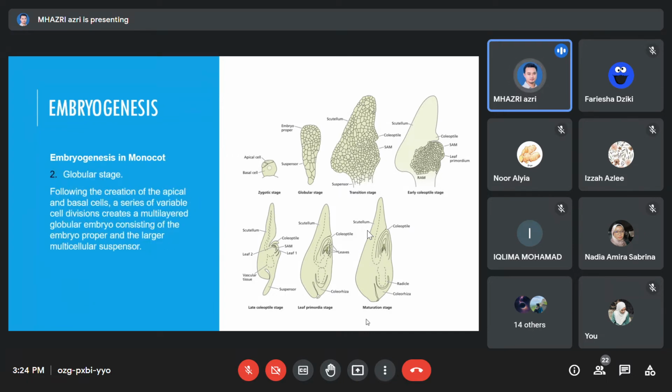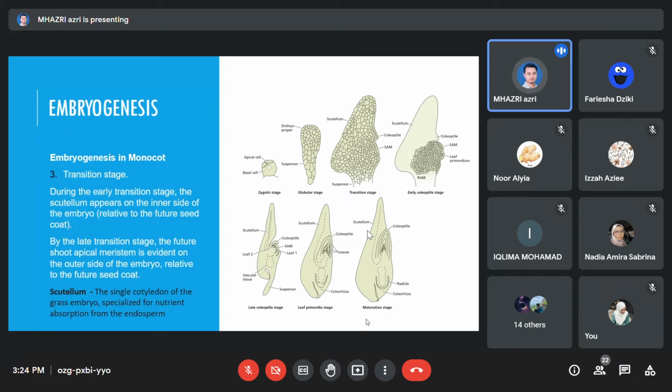I won't explain this one, it's the same. They have the transition stage. What is the transition stage? During the early transition stage, the scutellum appears on the inner side of the embryo. What is the scutellum? The scutellum is an organ.